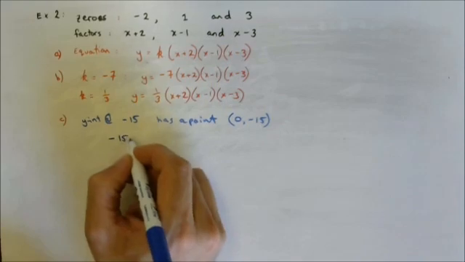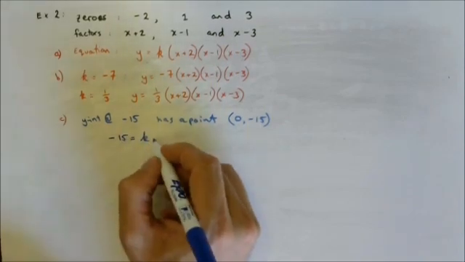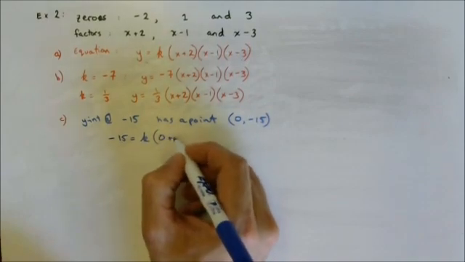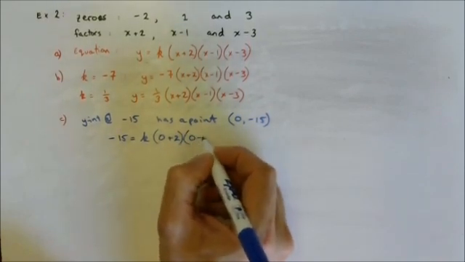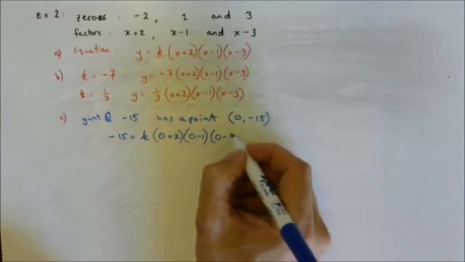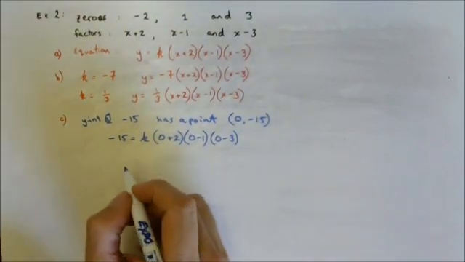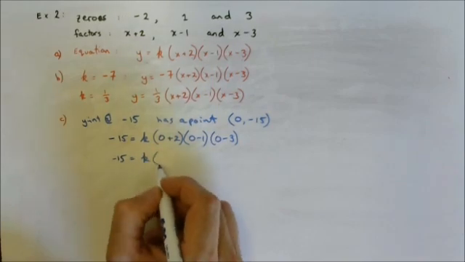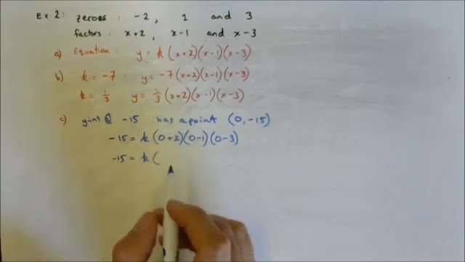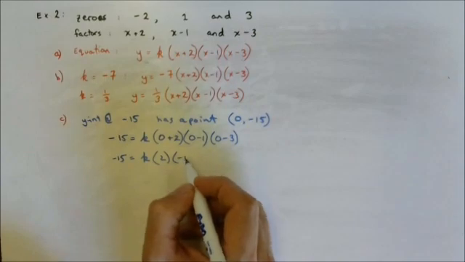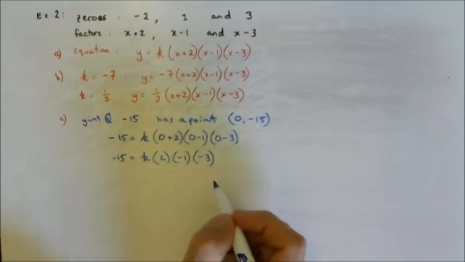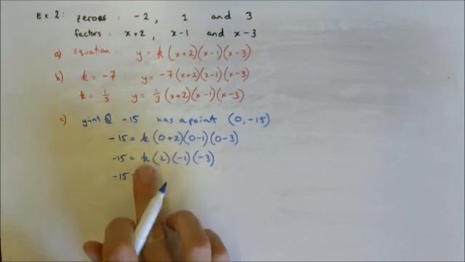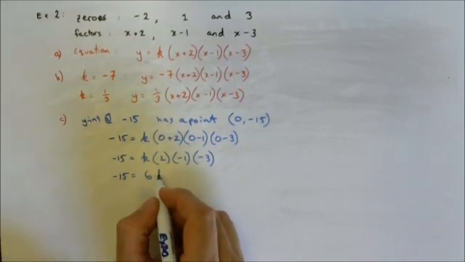So we've got -15 equals k, our unknown multiplier, and then all of our factors have a 0 for x: 0 plus 2, 0 minus 1, 0 minus 3. And then we can do the algebra on this. Negative 15 equals k times 2 times negative 1 times negative 3. That's negative 15 equals positive 6k.